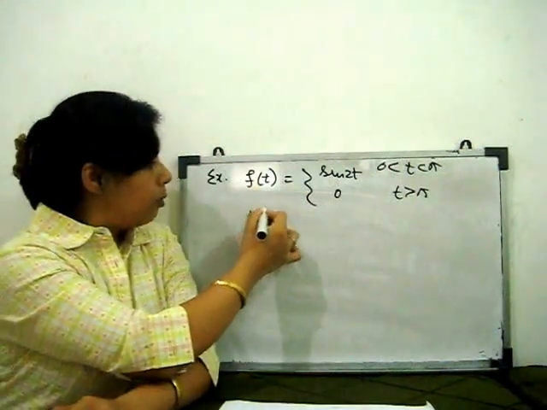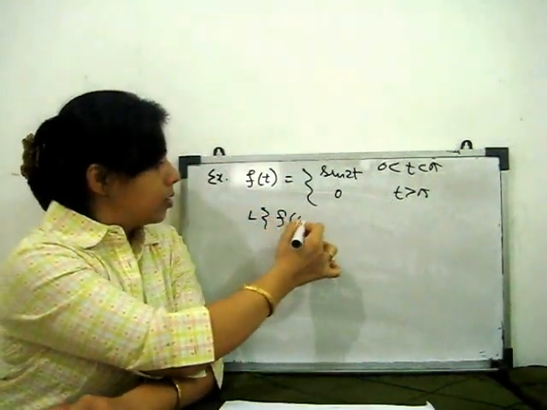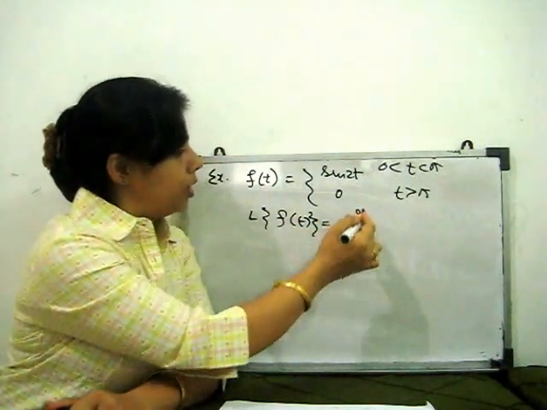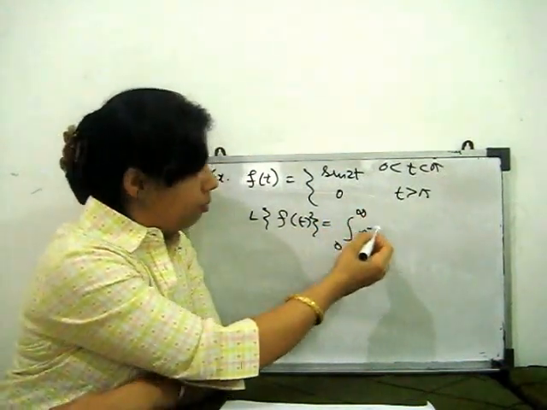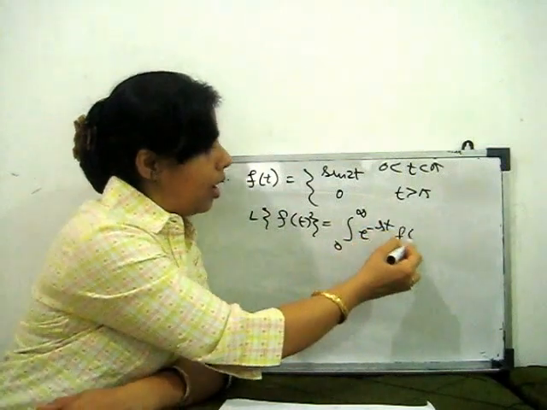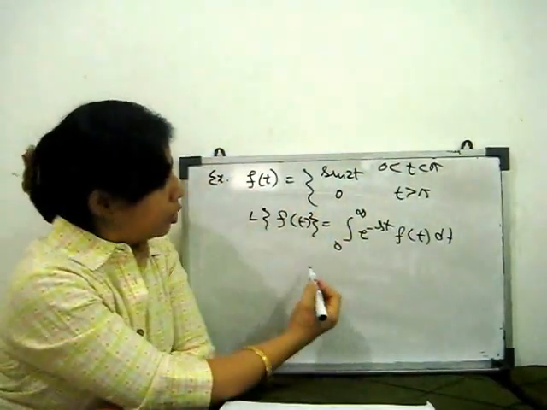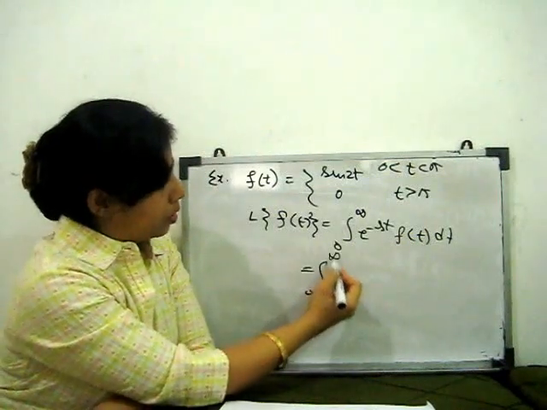So the Laplace transform of f(t) is equal to the integral from 0 to infinity of e to the power minus st times f(t) dt. Clear?